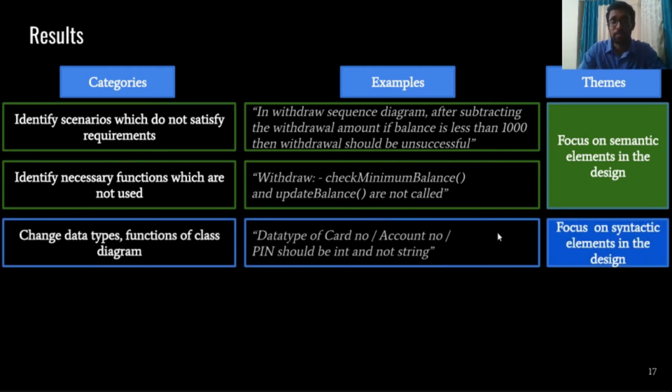There were some students who focused on syntactic elements in the design as well. For example, change in data types, functions of class diagram. So some students incorrectly mentioned that the data type of the account number or PIN should be int and not string.